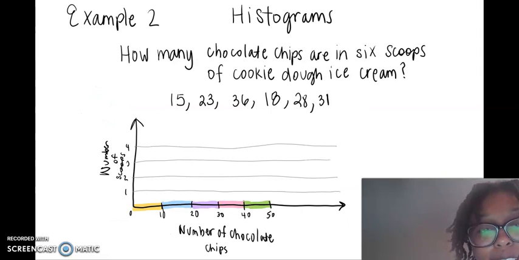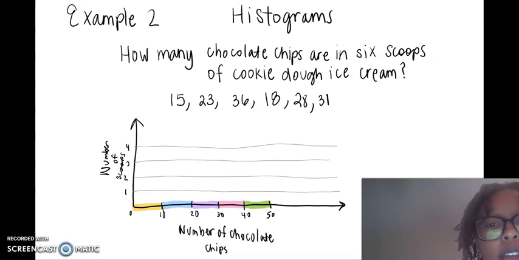Our next set of plots is histograms. For this example, our statistical question is how many chocolate chips are in 6 scoops of cookie dough ice cream. So our data is 15 chocolate chips in the first scoop, 23 chocolate chips in the second scoop, 36 in the third, and so on and so forth.